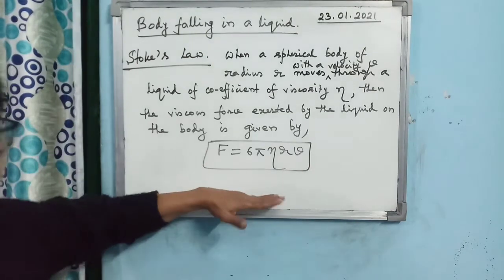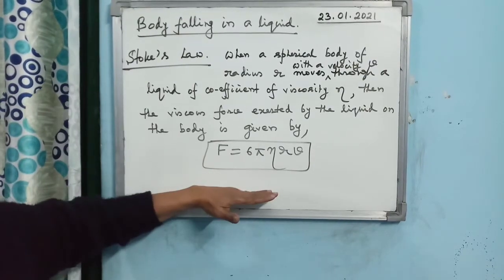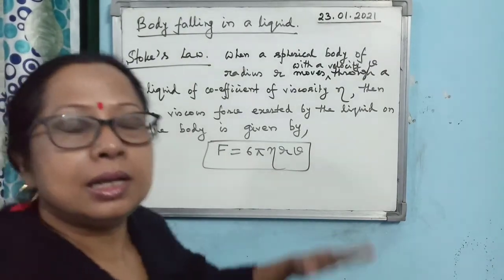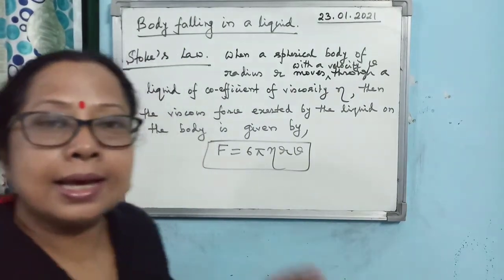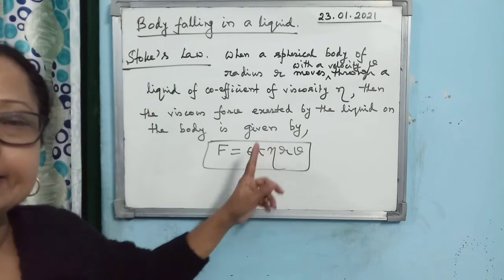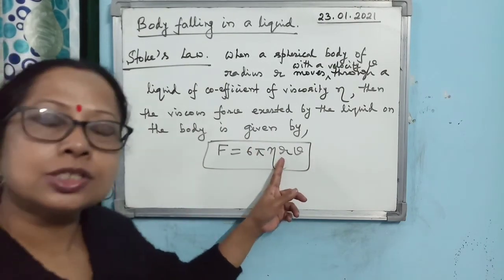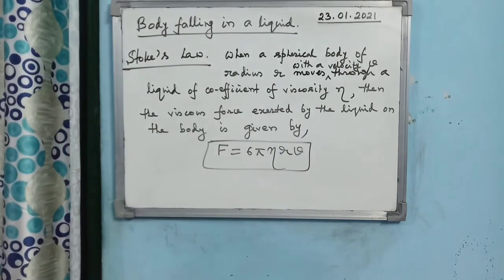Very famous relation, and you are supposed to remember it lifelong. Eta is the coefficient of viscosity of the liquid, r is the radius of the spherical body, and v is the velocity with which the body is moving.